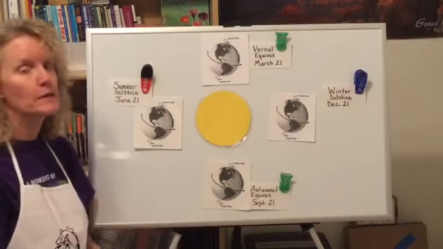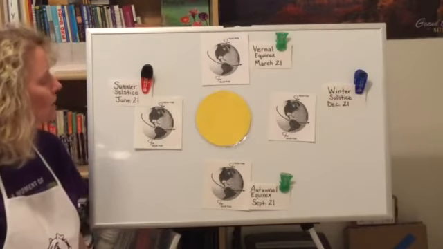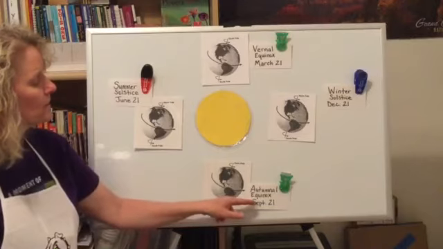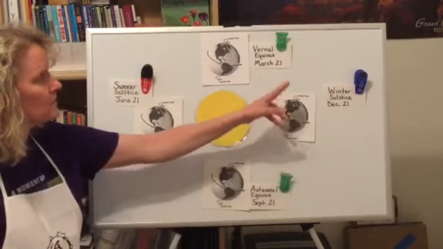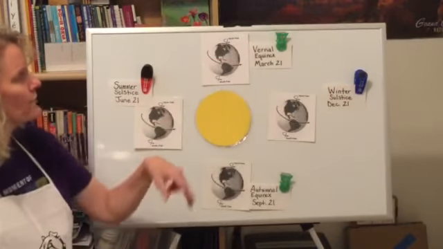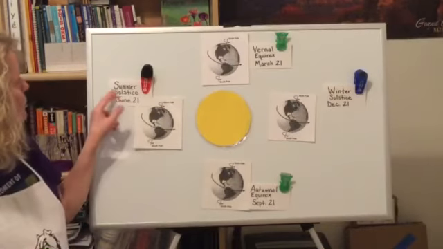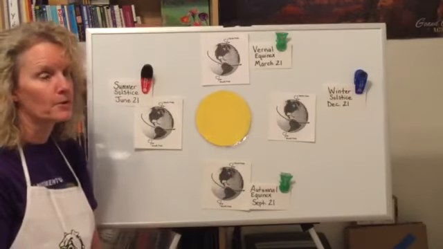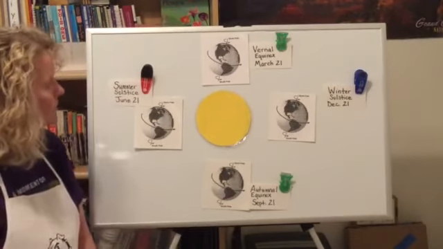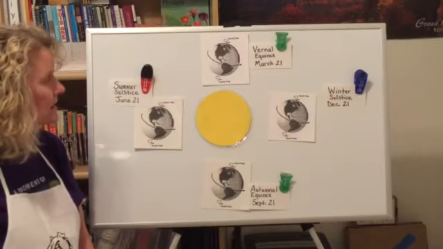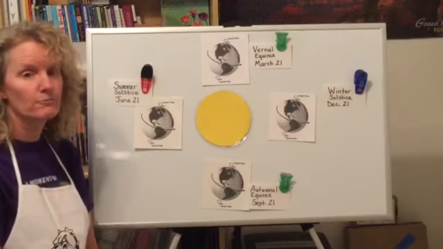Okay, it's always going to be the 21st. That number will never change, but you need to learn. September goes with autumn, December goes with winter, March goes with vernal, which is spring, and June obviously goes with summer. Okay, so that is your seasons review.